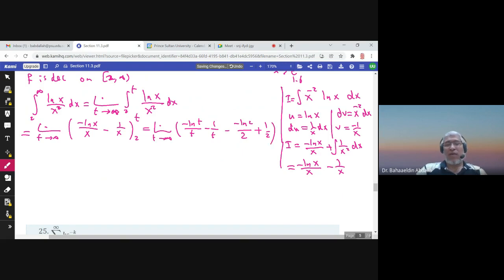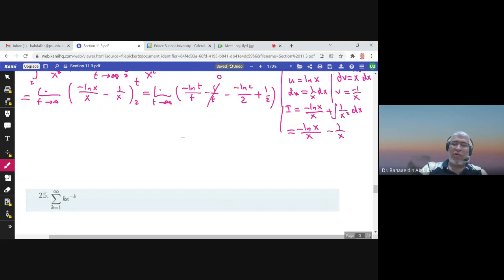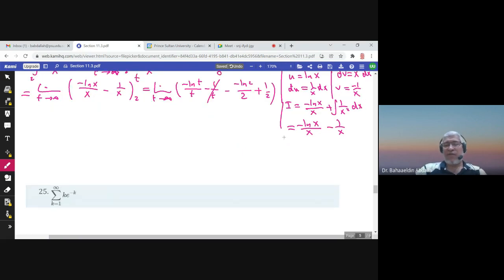Now if I take t to infinity, 1 over infinity would be 0. But here I will get negative infinity over infinity. So when I get negative infinity over infinity, I have to use L'Hopital's rule. So let me consider the limit of negative ln t over t when t goes to infinity.